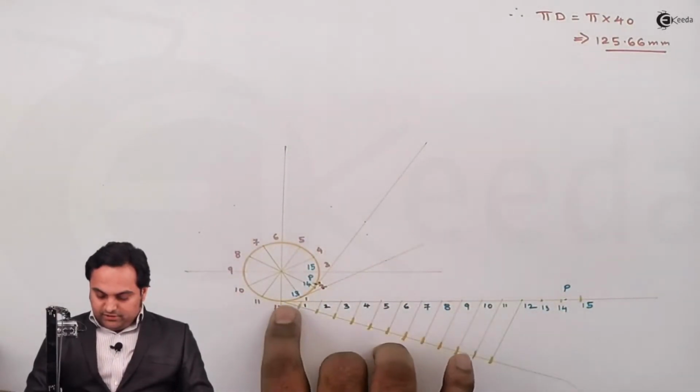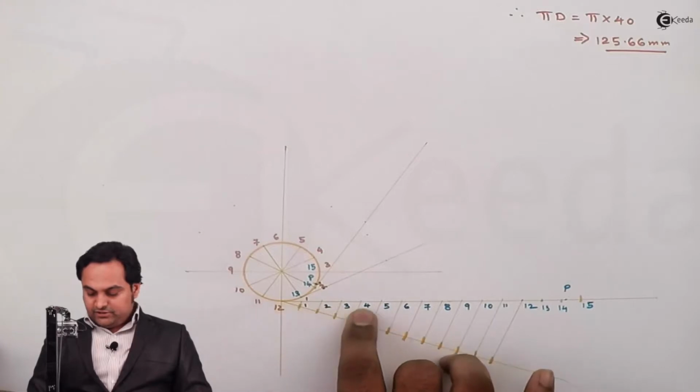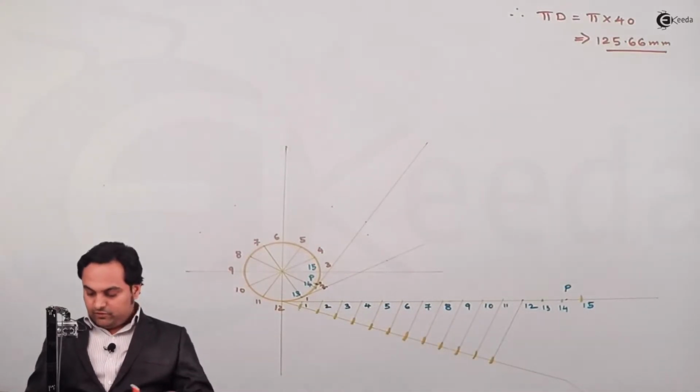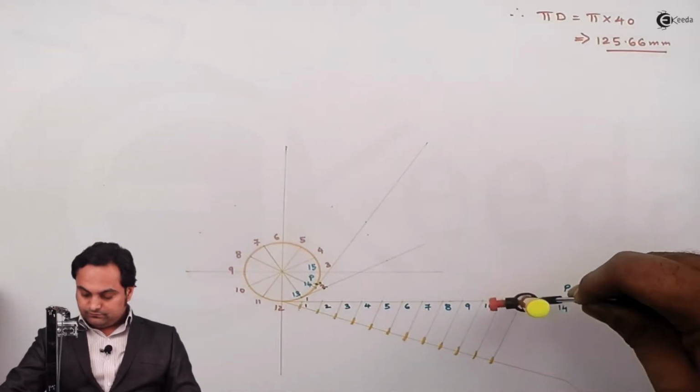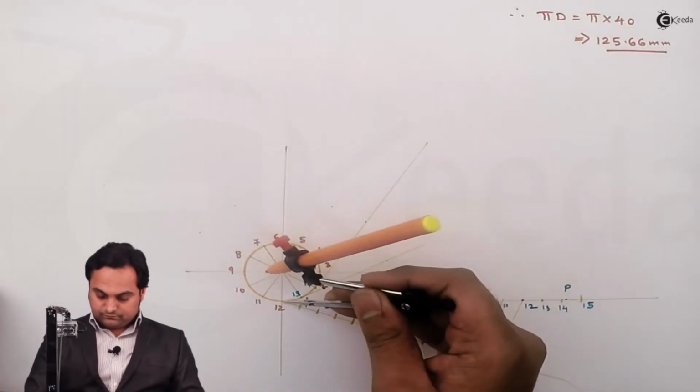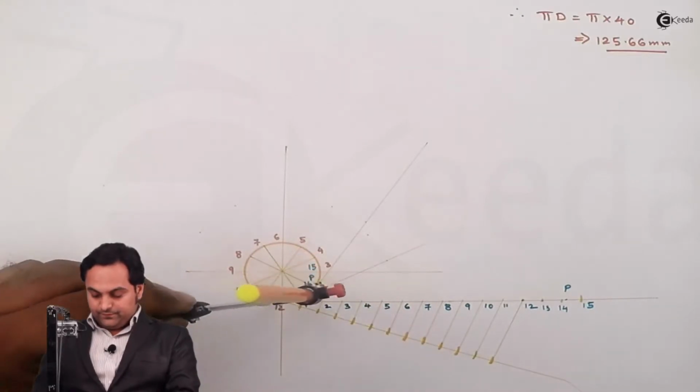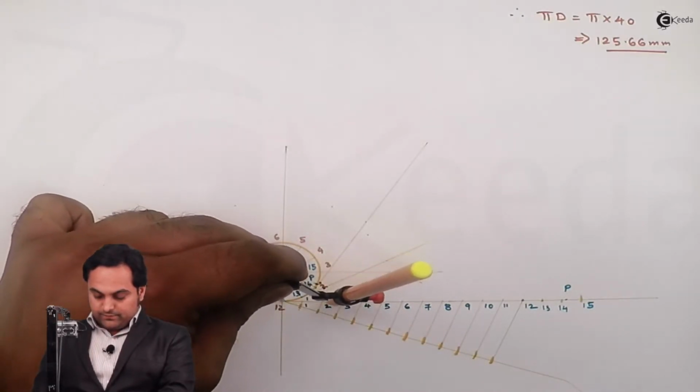After 13, here there is point 12 and the tangent is already there. So I'll take the distance from P to 12, keeping it on 12, marking it over here.